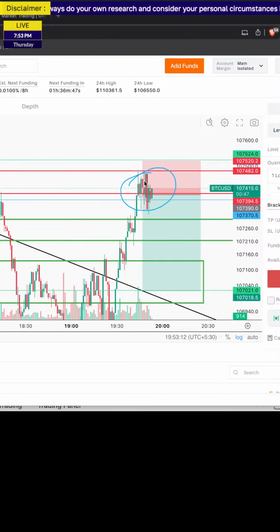Quickly the spike had to come here. It's sustaining here. That is the problem.